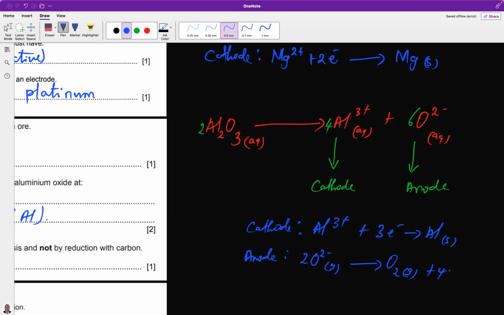Okay, that is what will be observed at the anode.